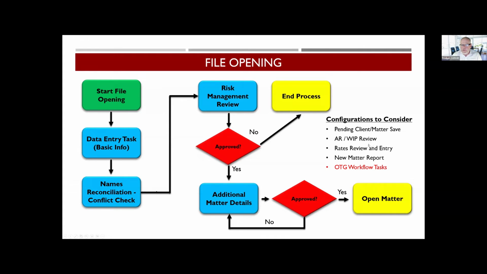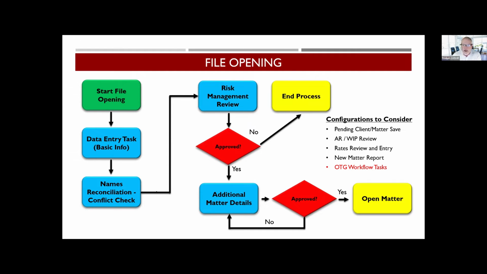Another option that you can build in is an accounts receivable or WIP check. So you might create a rule that if it's an existing client, if you're opening a new matter for an existing client, and they have accounts receivable that's over 60 days old, you want to know about that.